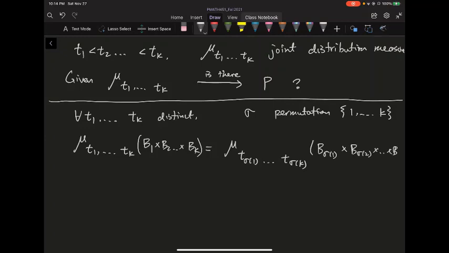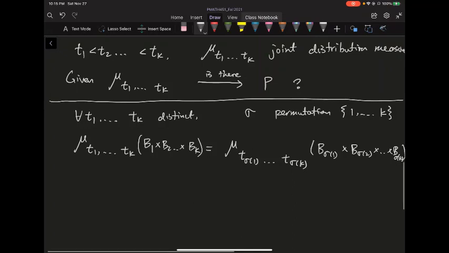One thing that is kind of trivial is that these two should be the same. These joint distributions shouldn't depend on how you pick your timestamps. You can pick them in increasing order, decreasing order, or any order you like. Their joint distribution shouldn't change. So that's the first condition, permutation invariance.